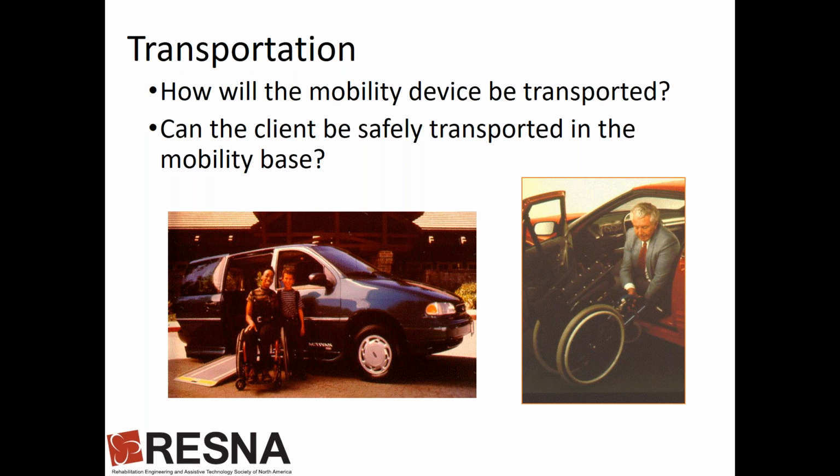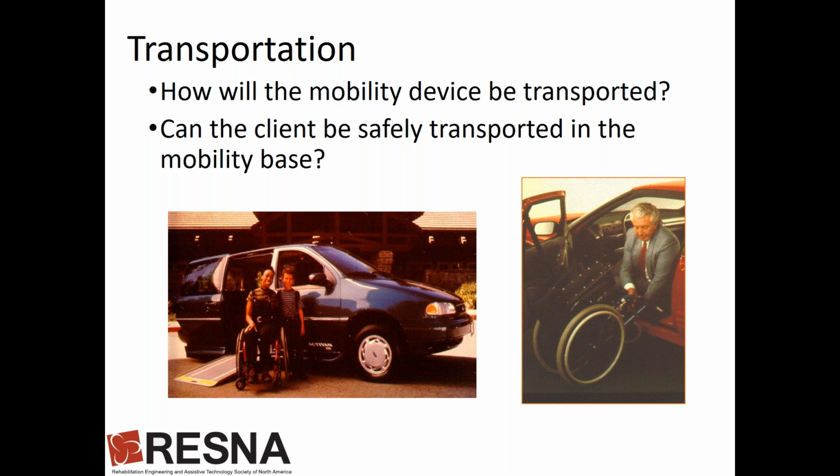You always want, in a vehicle, if a person can transfer themselves and sit in the front or sit into the seat of the car, it's always better for the Transportation Safety Act. I know a lot of the consumers I work with use the bus, and a lot of them have been frustrated because the bus drivers don't tie down their chairs properly, and we've had a lot of damaged chairs.